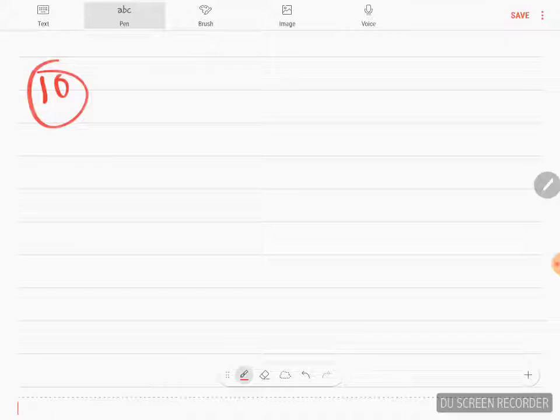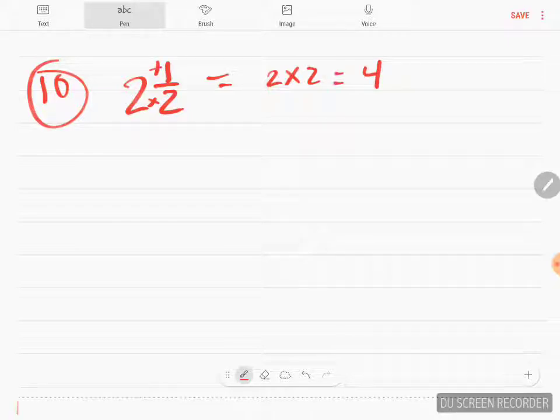It says write 2 1/2 as an improper fraction and multiply the improper fraction by 1/3. All right, when we change 2 1/2 to an improper fraction, we must take the denominator and we must multiply it by the base number, the whole number. So we take 2 times 2. That gives us 4. And then we need to add the numerator.